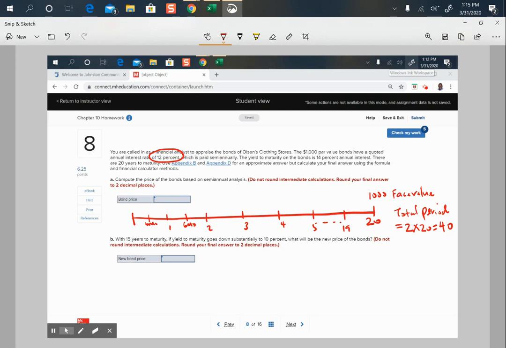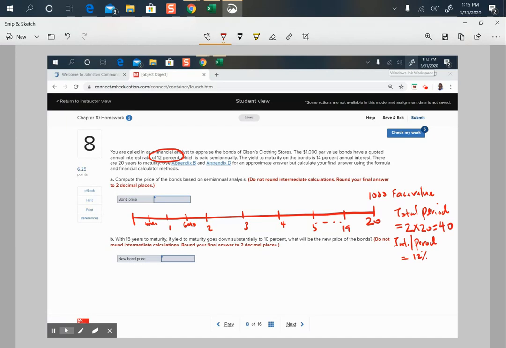And your interest per period is going to be the yearly rate that is quoted. In this example it is 12%, but then you are paying this interest per period. And how many periods do we have in a year?